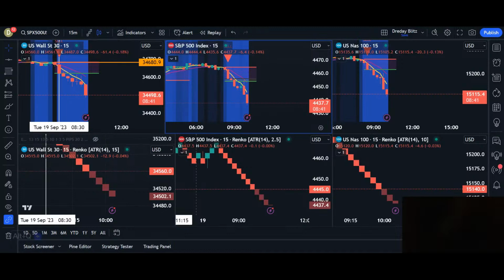So, 6 minutes after the top of the hour, still looking bearish here overall. So the market is still tanking.